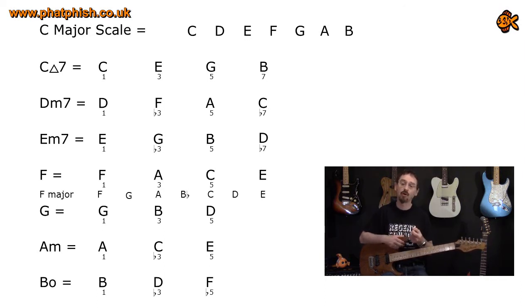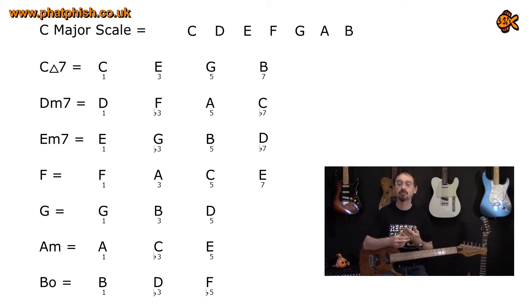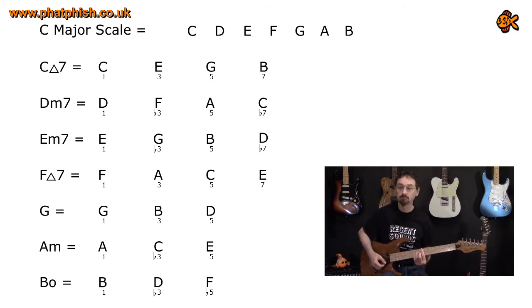So this chord has notes that are commensurate with the F major scale. We've got a 1, a 3, a 5 and a 7. It's a major triad with an added 7th degree, so we've got an F major 7 chord on the 4th degree. Same type of chord as we had on the 1st degree, but with an F root note.